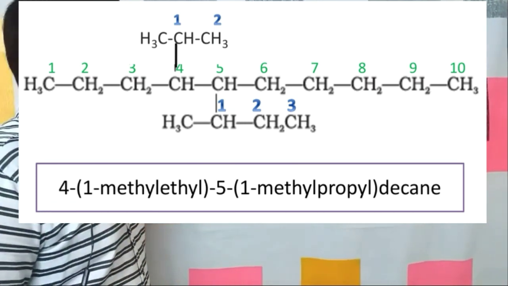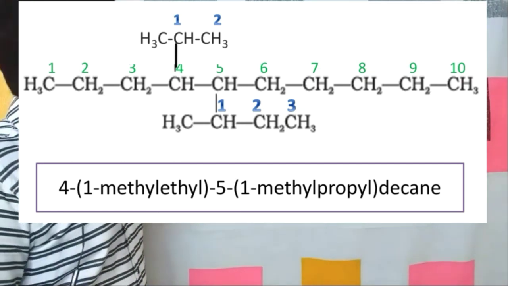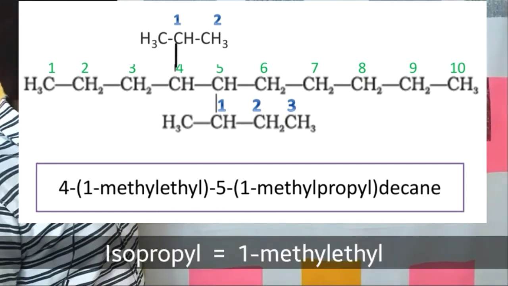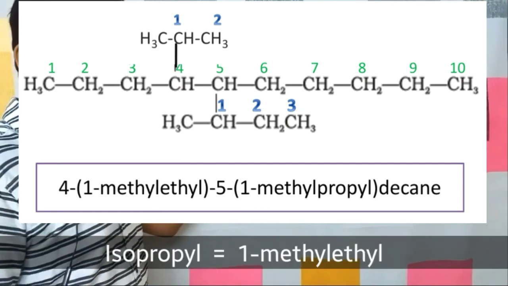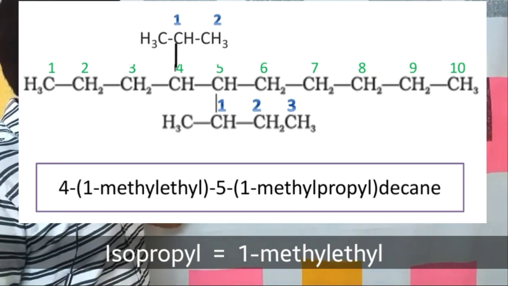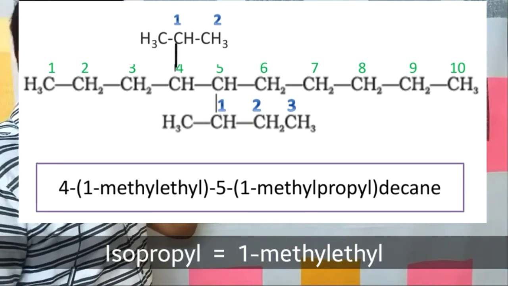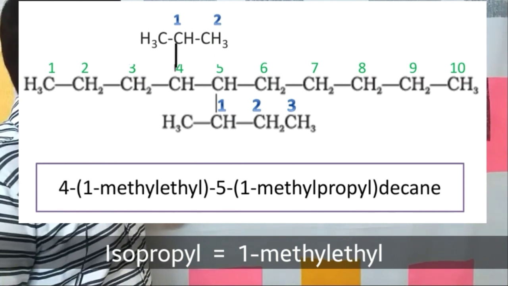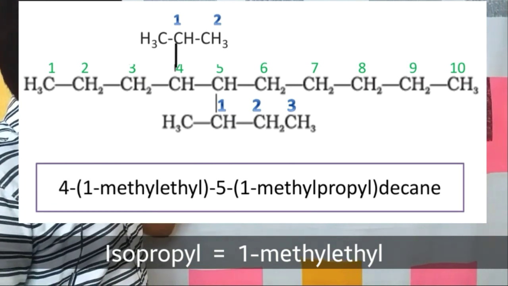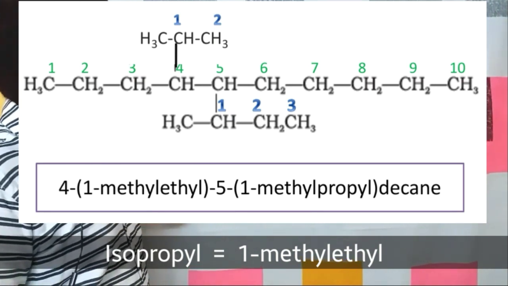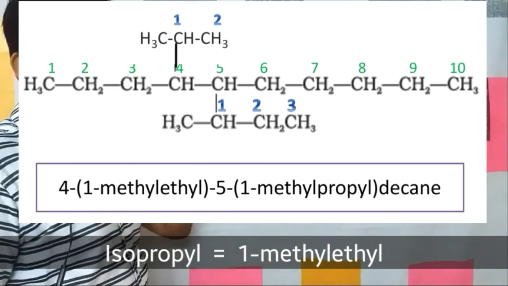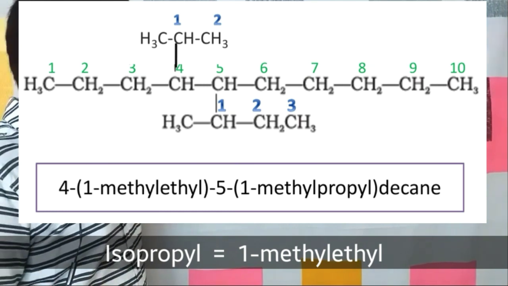Here 4-isopropyl, we can name it as 1-methyl-ethyl, because the carbon atom attached to the principal chain with 10 carbon atoms is numbered as 1, and the longest chain is ethyl, and there is a methyl group at the first position, and hence 1-methyl-ethyl.